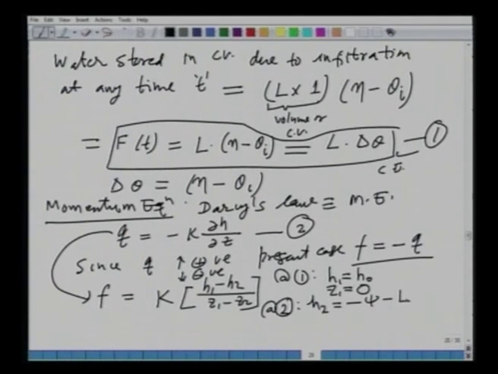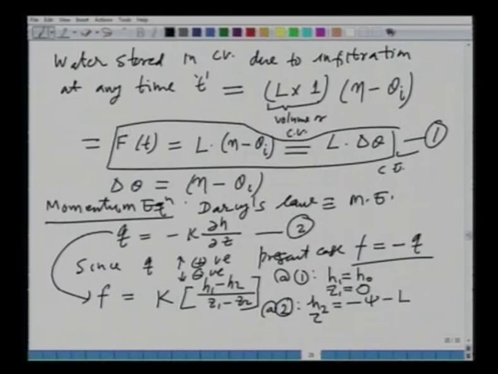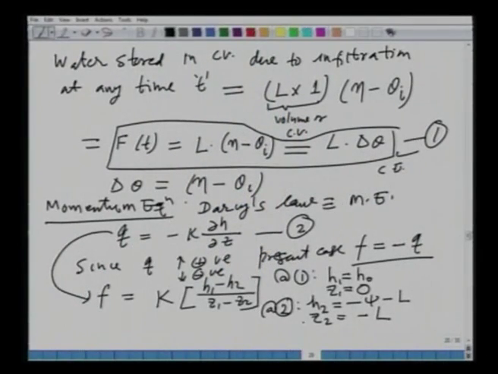I would like to request you to try to understand this very carefully. H2 is the energy which is causing the water to flow at cross section 2. And then what will be Z2? Z2 is nothing but only the datum head at cross section 2, which is minus L. So we are going to plug these values of H1, H2, Z1, Z2 back into this equation.